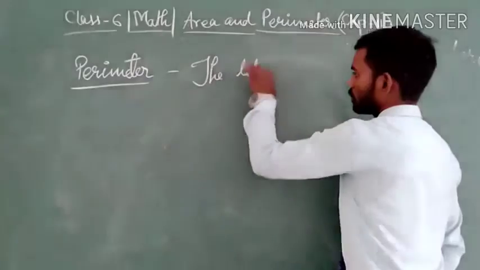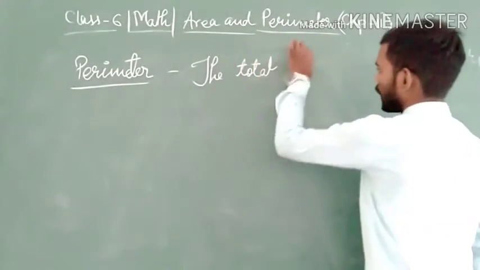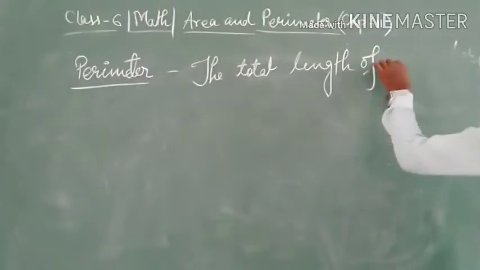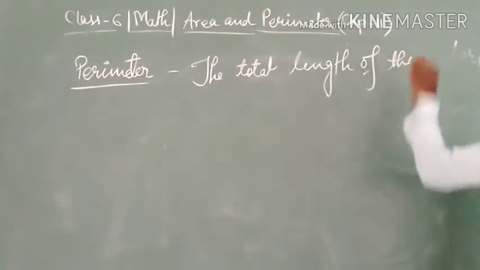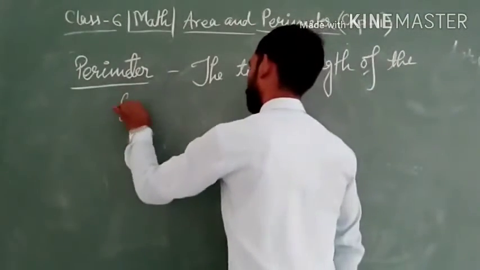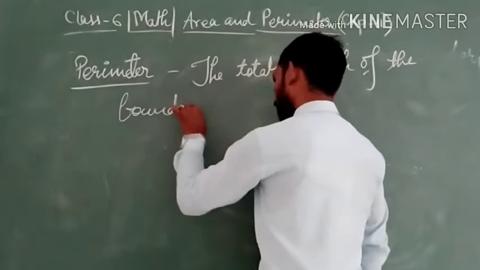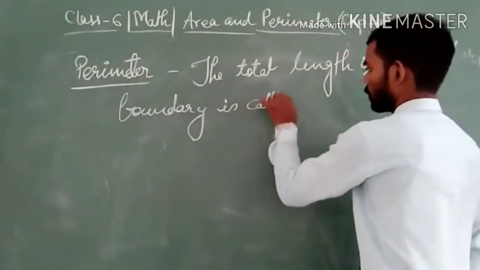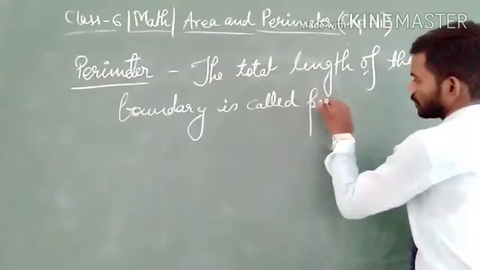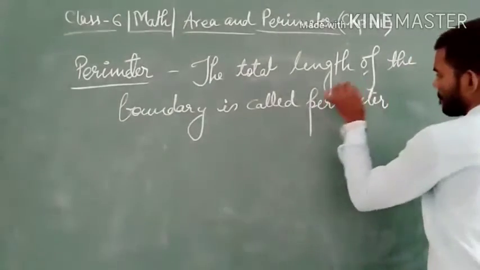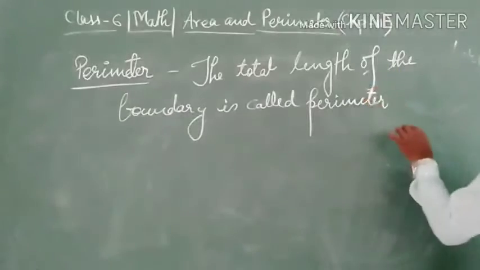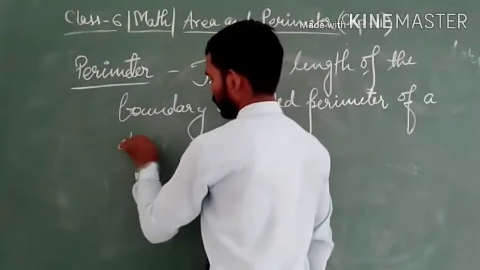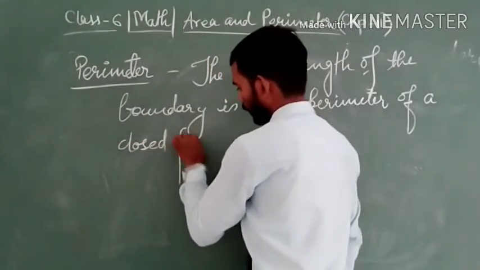The total length of the boundary of a closed figure is called the perimeter of the closed figure.